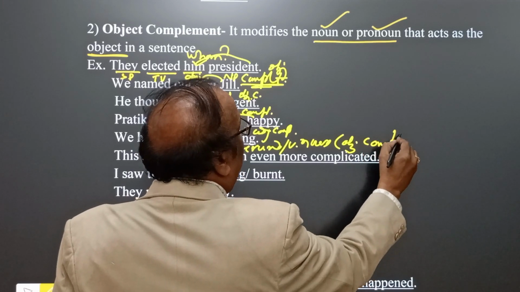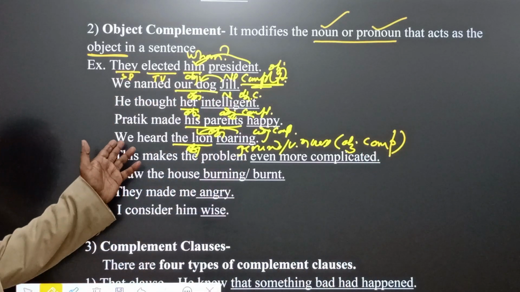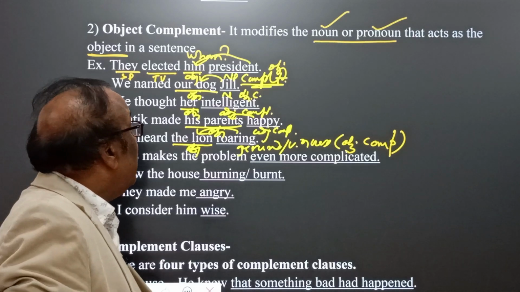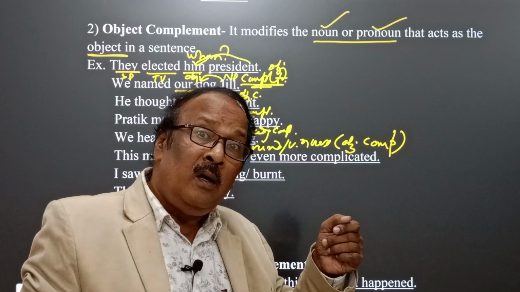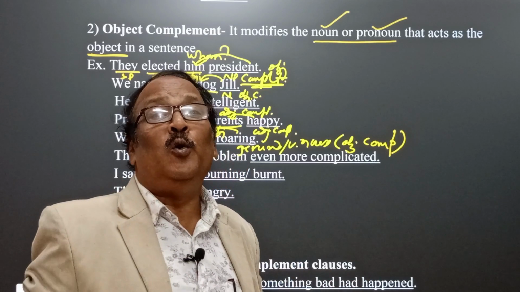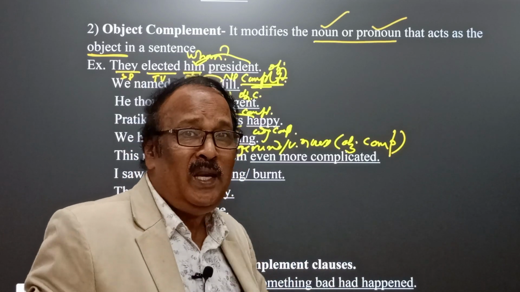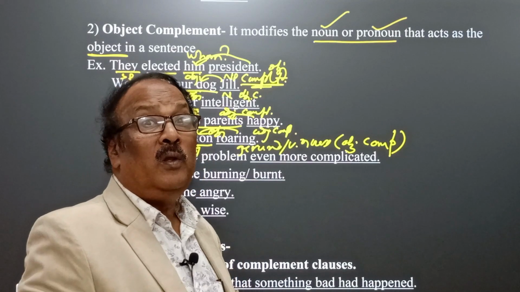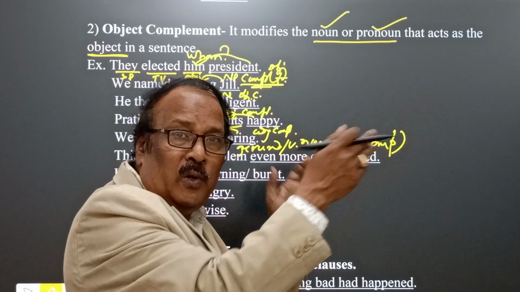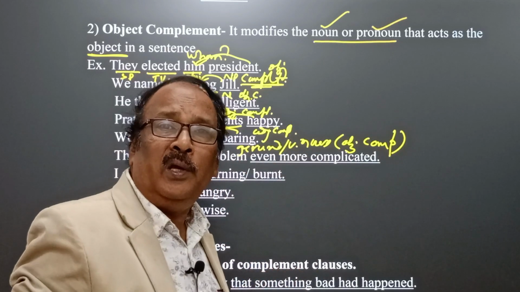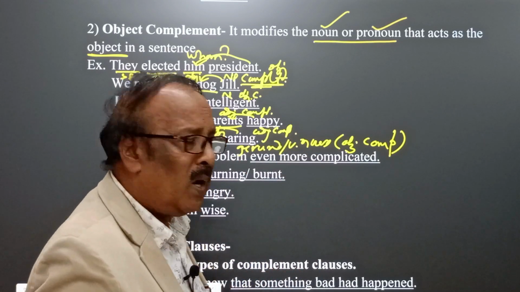So remember here how very interesting, we heard the lion roaring. It means when we heard, the lion was roaring. Yes, this is the meaning. It means roaring was continuing. This is a gerund or verbal noun.